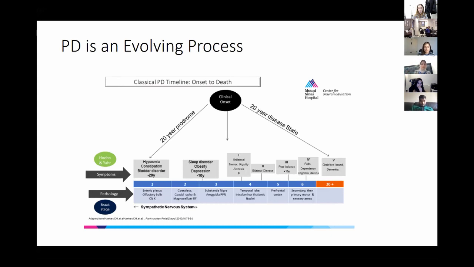So by the time someone reaches clinical onset, they've already lost a lot of the dopaminergic neurons, and hence you can see the pathology is in the substantia nigra. That's essentially where dopamine is made, and there's Lewy body deposition because of alpha-synuclein.